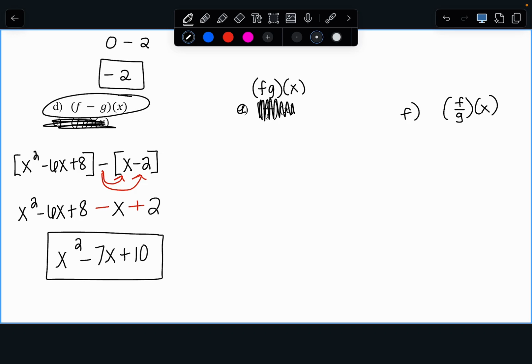When f and g are directly next to one another, it just means to multiply. This means we're doing x squared minus 6x plus 8 and multiplying that by x minus 2. Because of time purposes, I'm not going to actually multiply them. You can use the box method or whatever method you prefer.